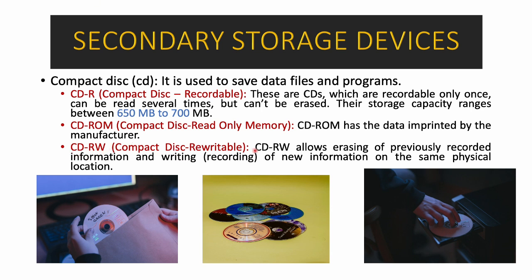It is exactly like the hard disk. CD-RW allows erasing of previously recorded information and writing of new information on the same physical location. You can buy a blank CD, write on it, erase what we wrote, and write new information on the same physical location.